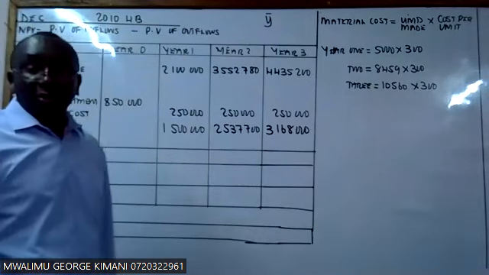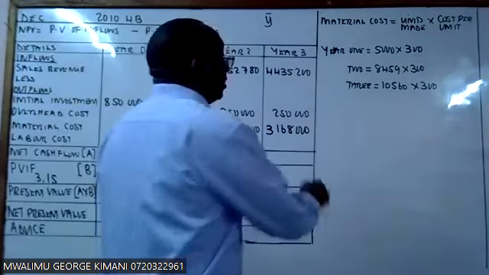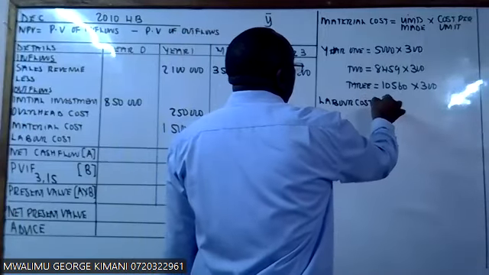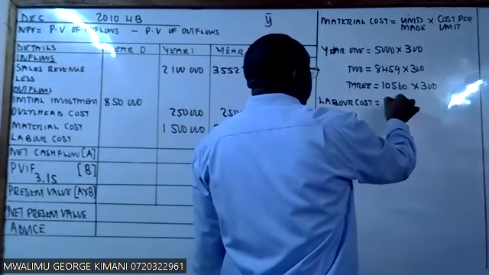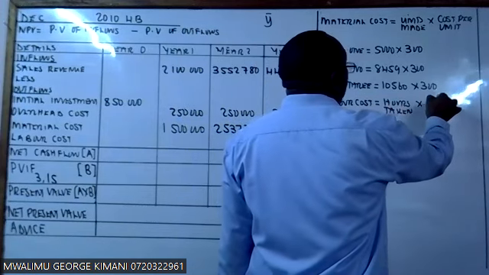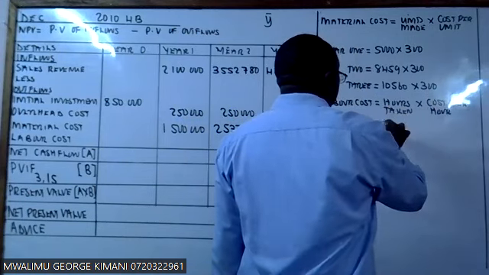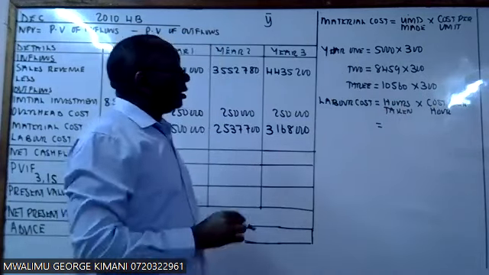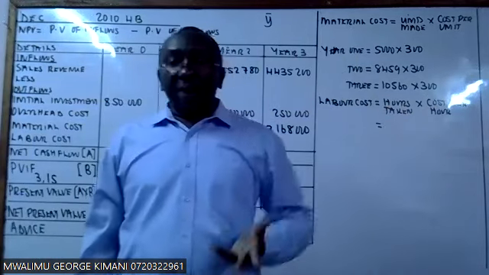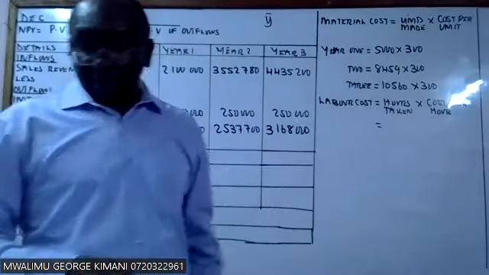Finally, we come to labor costs. Labor cost, if you look at our table again, is given per hour, so that also requires workings. Labor costs will be hours taken times cost per hour. We will not differentiate in terms of years, because each year has equilibrium time.